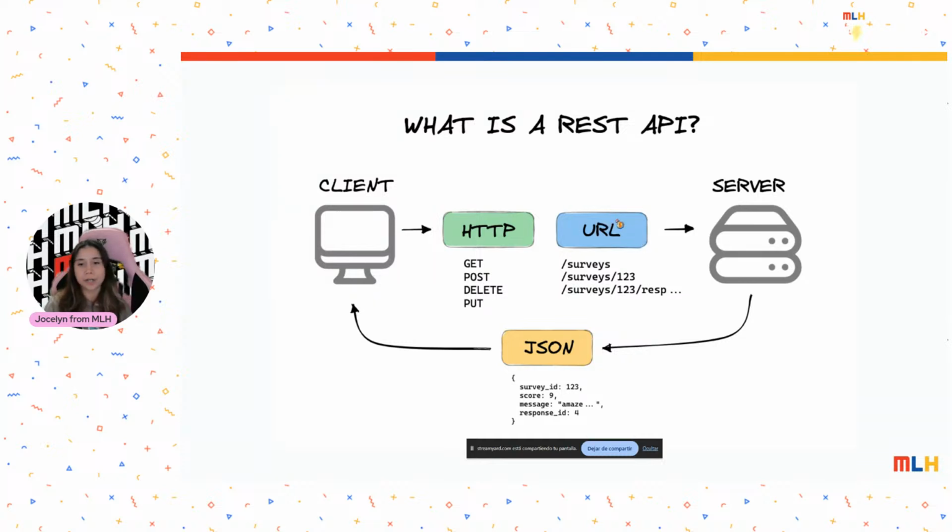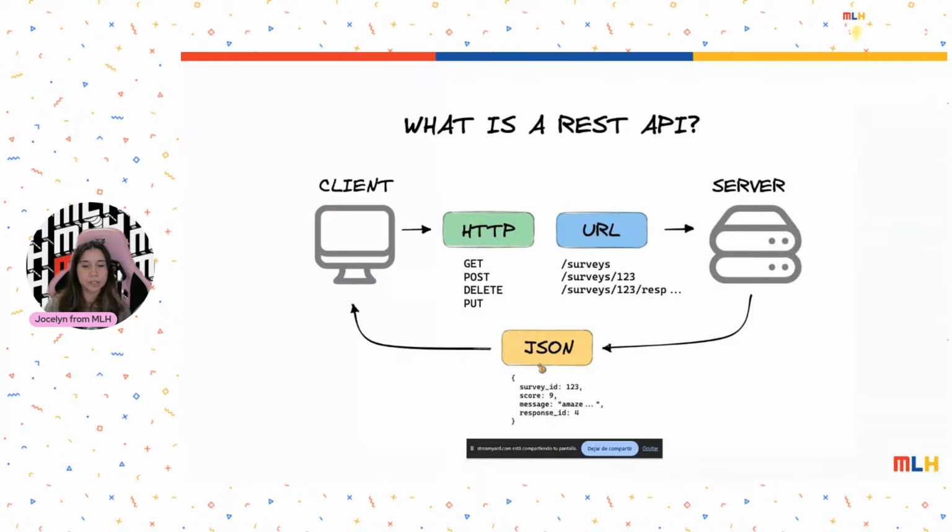As someone mentioned earlier and asked if an API is like a URL, I say kind of, because it is a URL accompanied by an HTTP method. So after this endpoint is drafted, it goes into the server to request the information, and then goes back to our client.